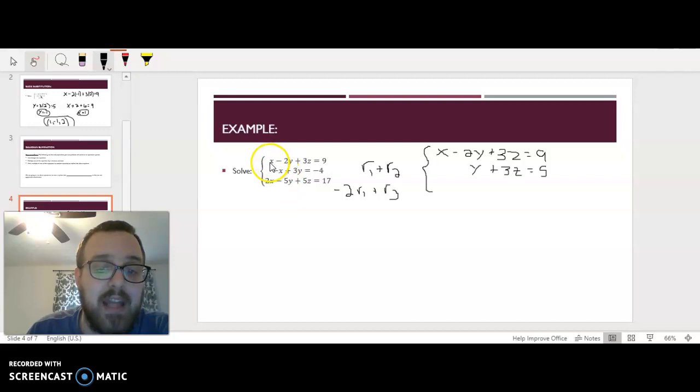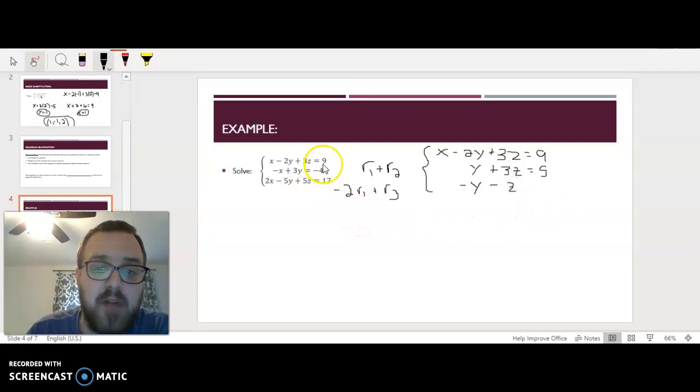So negative 2 times x will be negative 2x plus 2x, which makes that disappear. Negative 2y times negative 2 will be 4y plus negative 5y, which ends up being negative y. Again, I'm getting that because negative 2 times negative 2 is 4, plus negative 5 is negative 1. Negative 2 times 3 will be negative 6, plus 5 will be minus z.